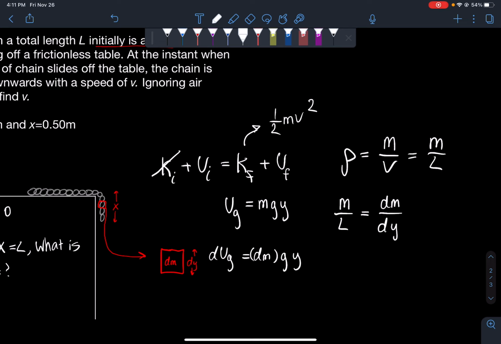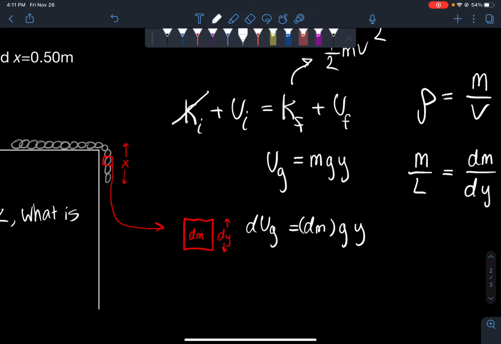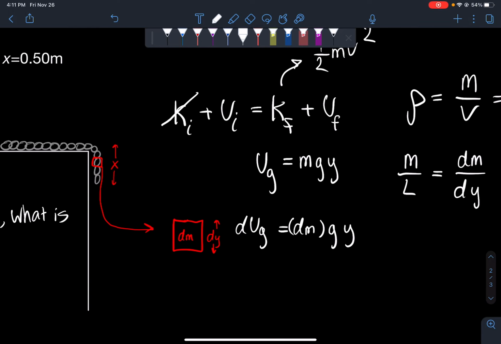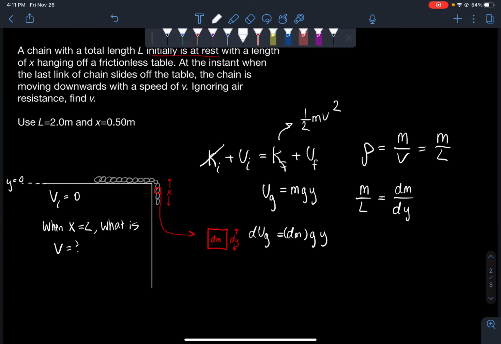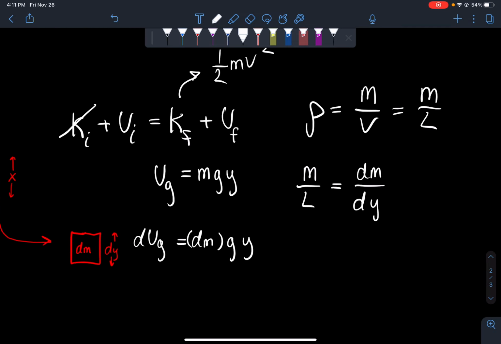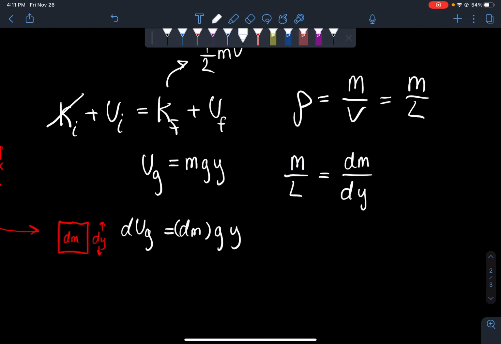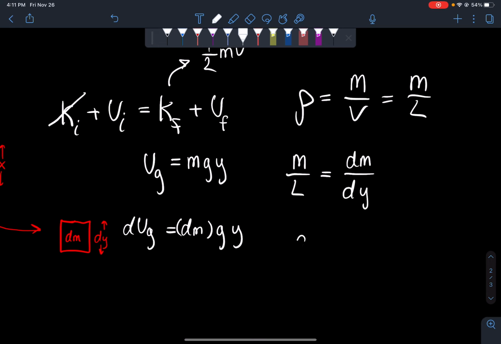So that's just saying rho, the density, equals the total mass over the total length, but it also equals the mass of the small little link right here, compared to the length of it, which is dy. So we can solve for dm by multiplying both sides by dy, and we get that dm is equal to m over L dy.